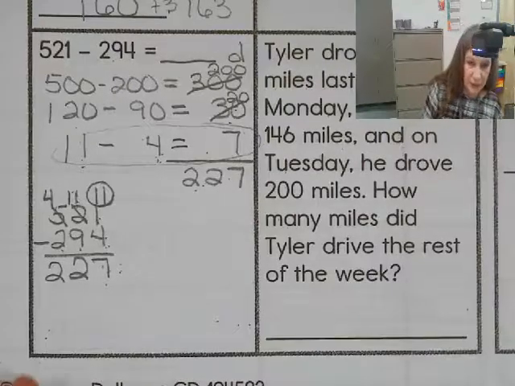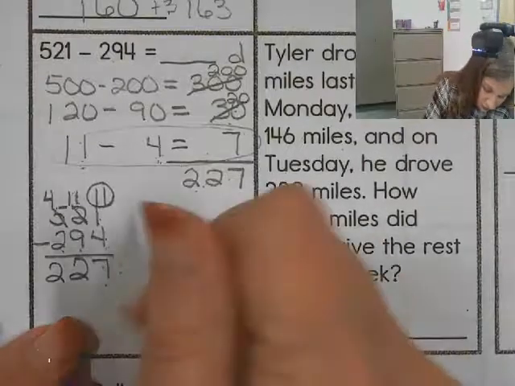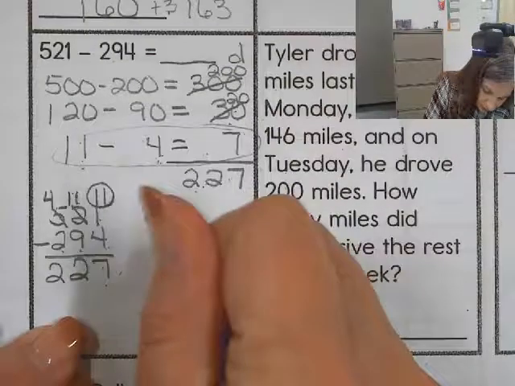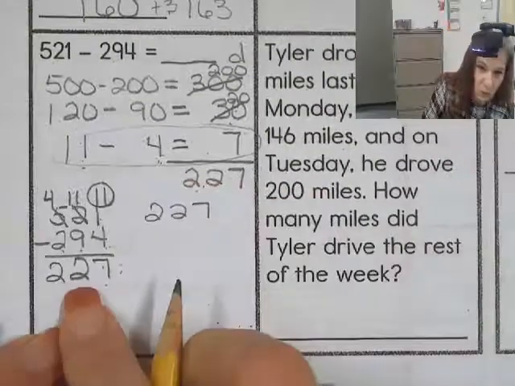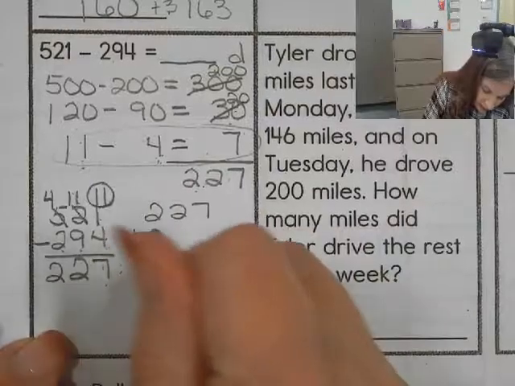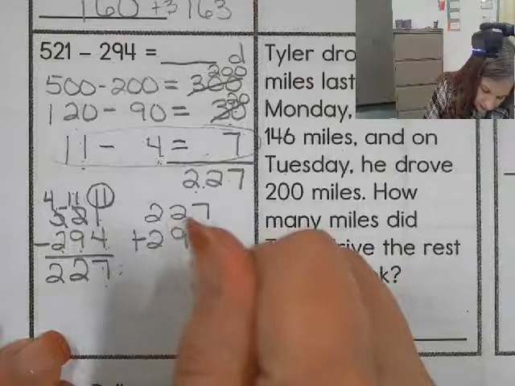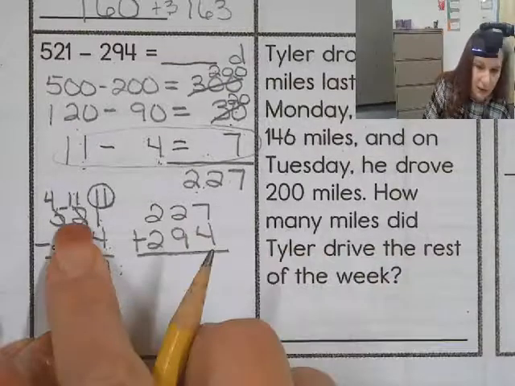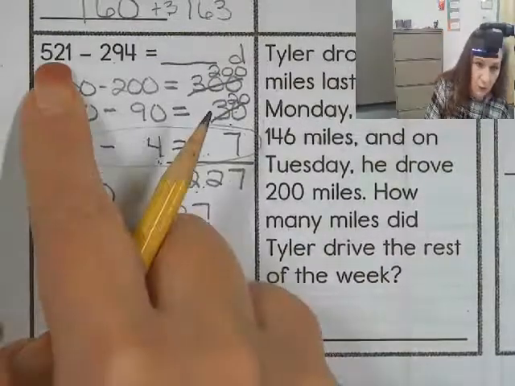Double check by using subtraction or addition. We can always check our subtraction using addition. So we take the part we found and we add it back to the part that we subtracted to find our total. This is our total.